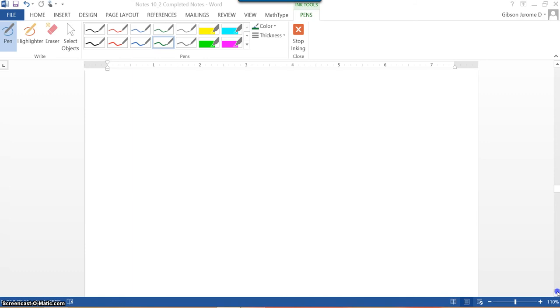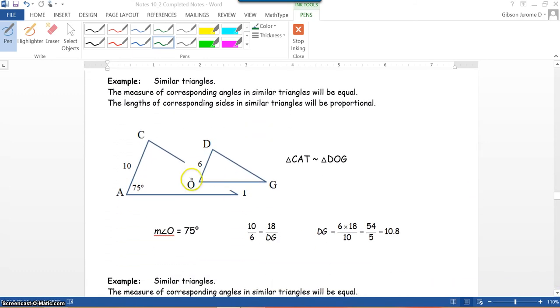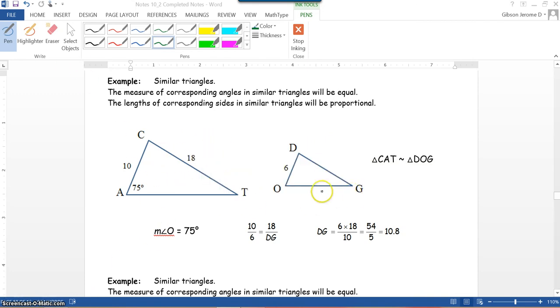Now, go on to the next page. Now we have similar triangles. The measure of corresponding angles in similar triangles will be equal. The lengths of corresponding sides in similar triangles will be proportional. Now, this is a little off here, so let me move that. So now we can look at these triangles.